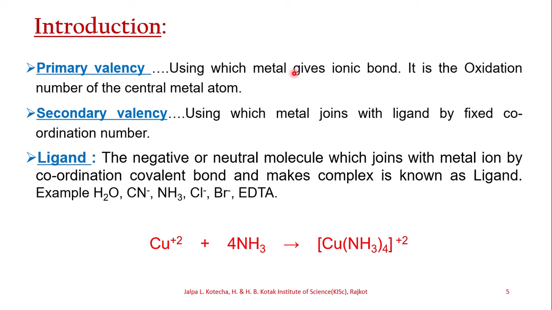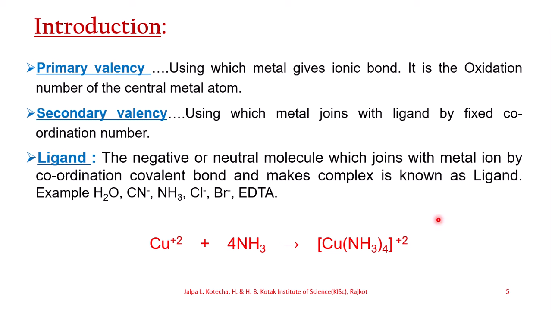Now the ammonia molecules present inside the square bracket, in the coordination sphere, are attached by coordinate bonds. This gives the number of the secondary valency. Secondary valency is nothing but the ligands which are directly attached to the central metal atom by the coordinate bond. That is the coordination number, and the oxidation number is the ionizable valency or the primary valency.